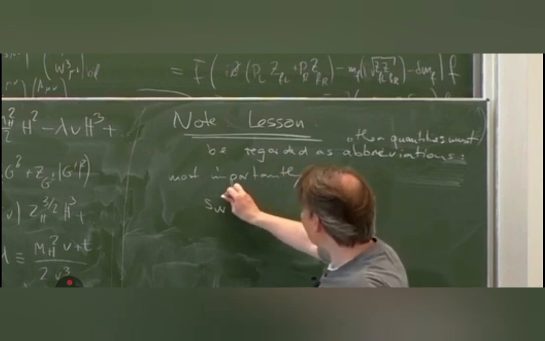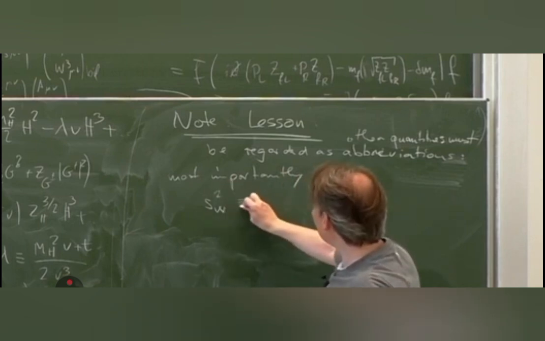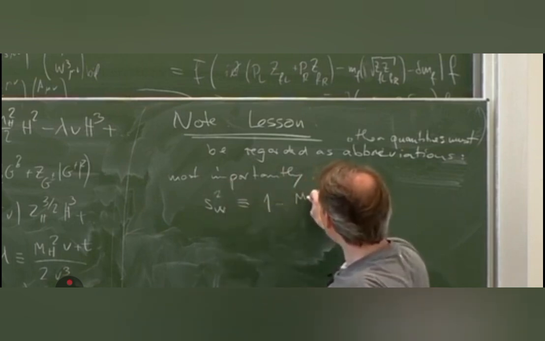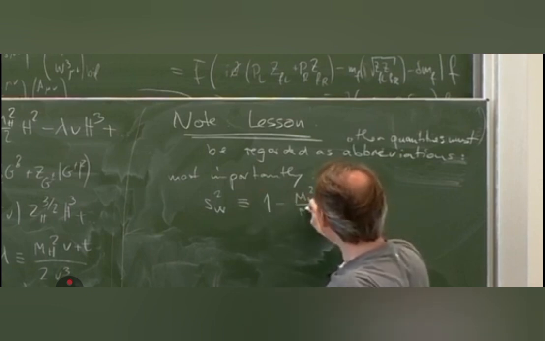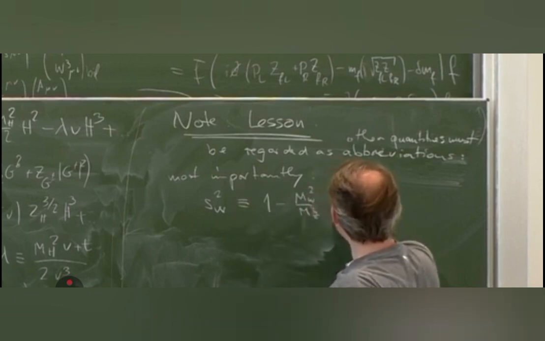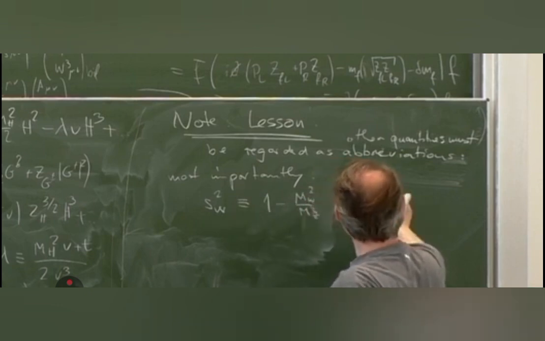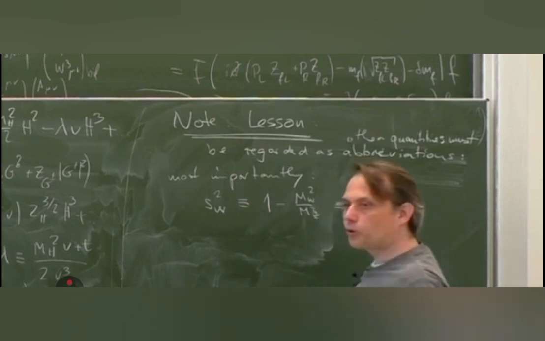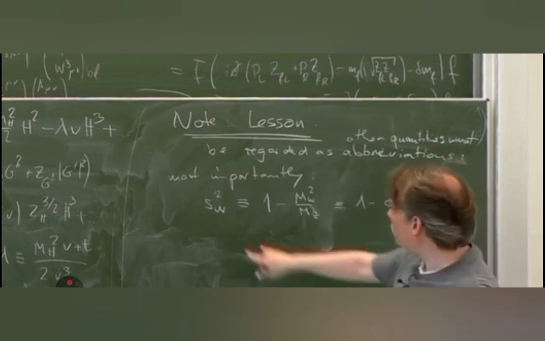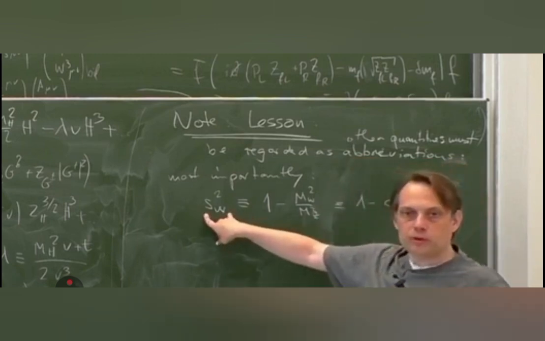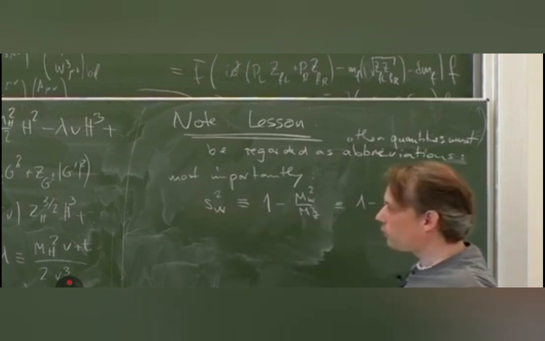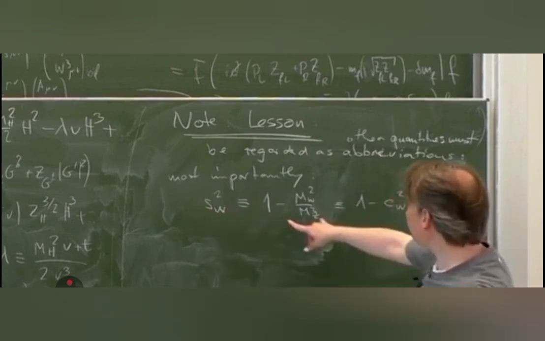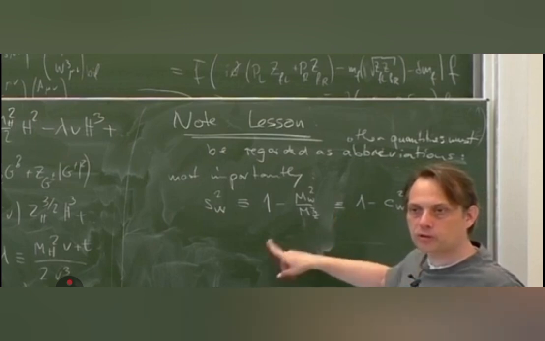SW square is defined as 1 minus MW square over MZ square, and that is also the same as 1 minus CW square. These are super important quantities, but they only appear in the on-shell formalism as abbreviations for this fundamental expression.